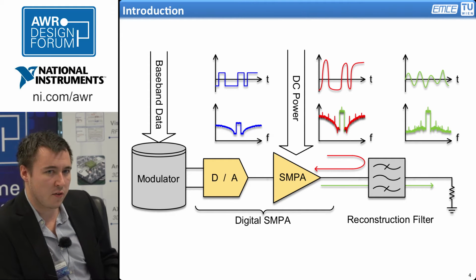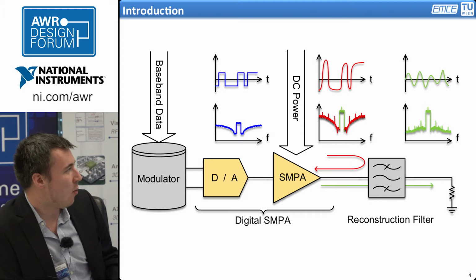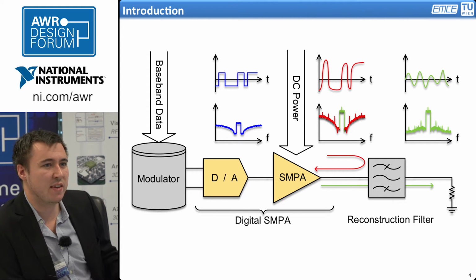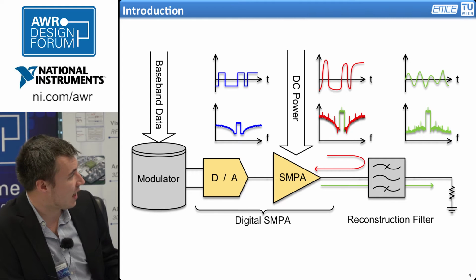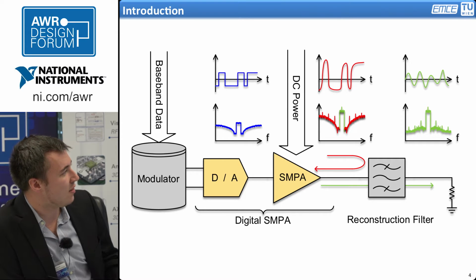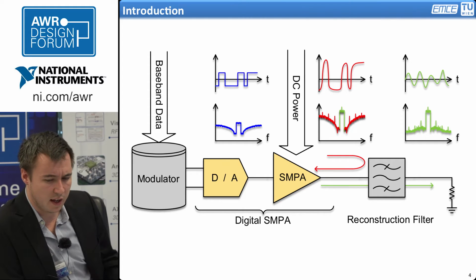However, as an additional feature, we not only get an amplified signal, we also get nonlinear distortion, which is indicated by the spurs here in the signal. Of course, we are only interested in the center portion of the signal, and all the other modulator noise is basically a thing we want to get rid of.